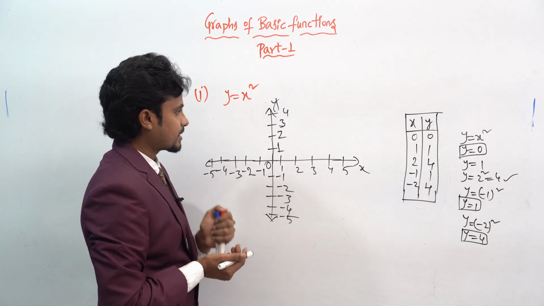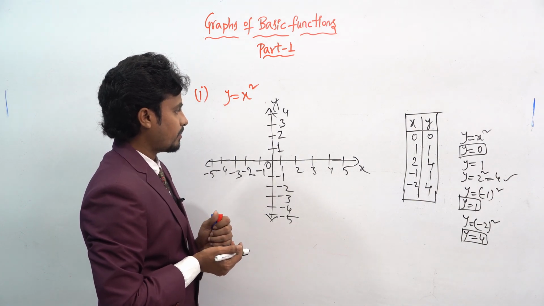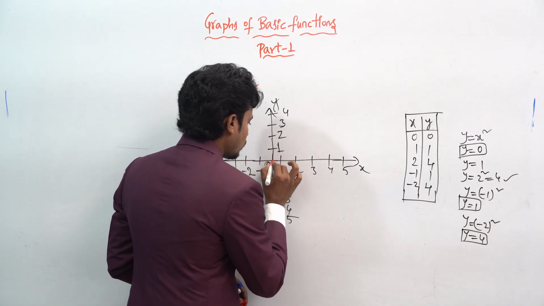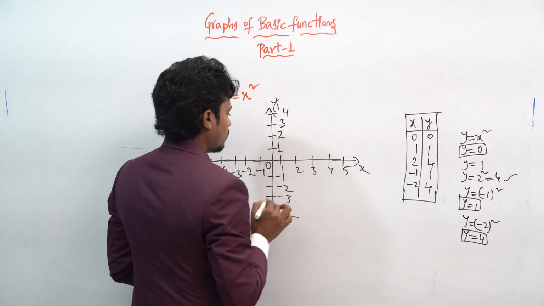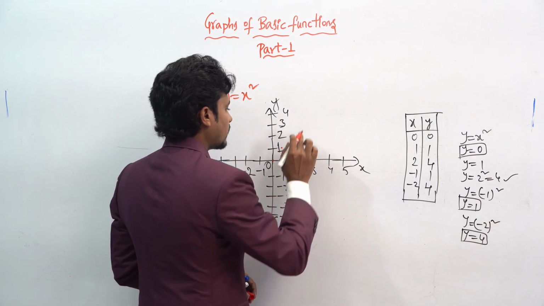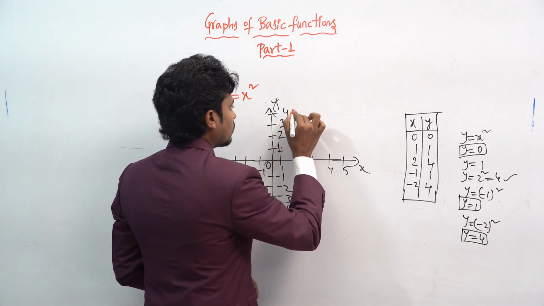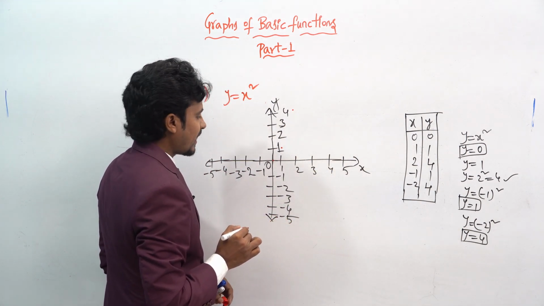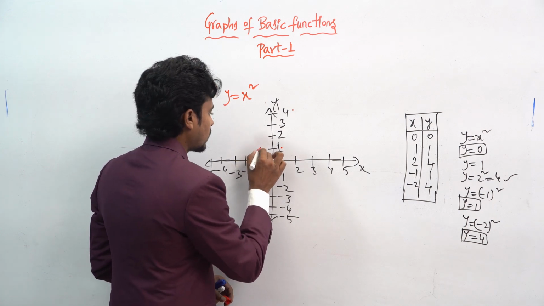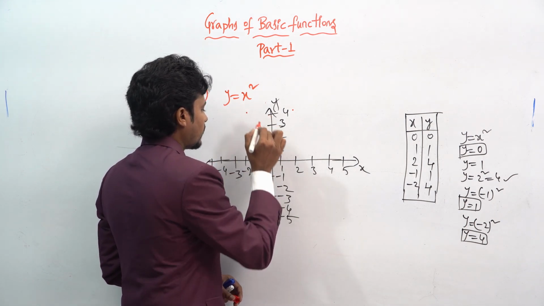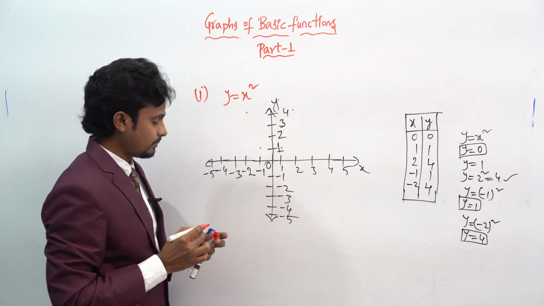So what do we have to do in the next step? Next step, make the points. So at 0 you will get 0, for 1 you will get 1, for 2 you will get 4. Okay. Next, minus 1, how much will you get? You will get plus 1. Minus 2, how much will you get? You will get plus 4. Okay.